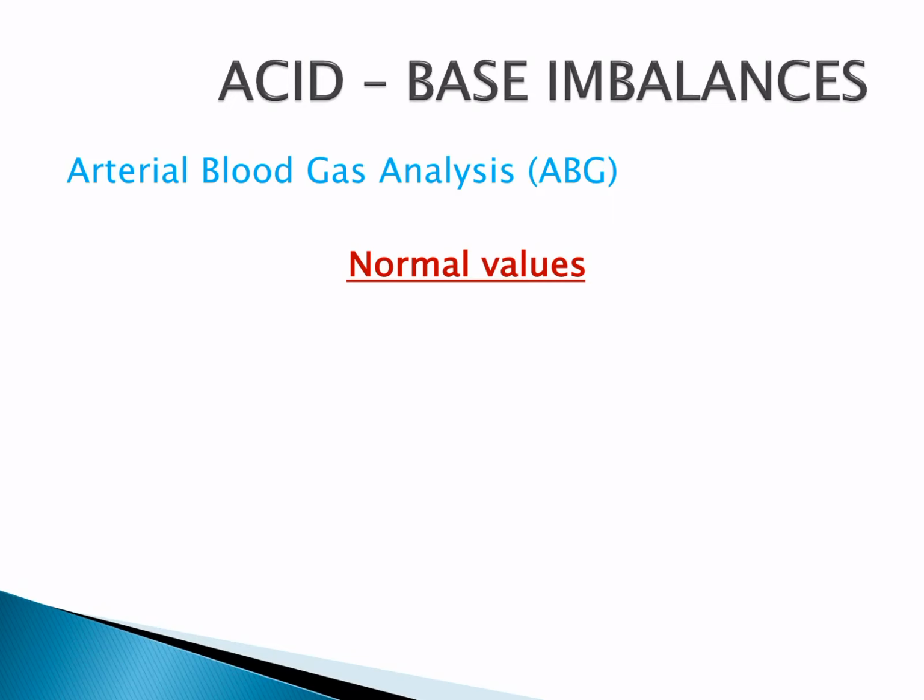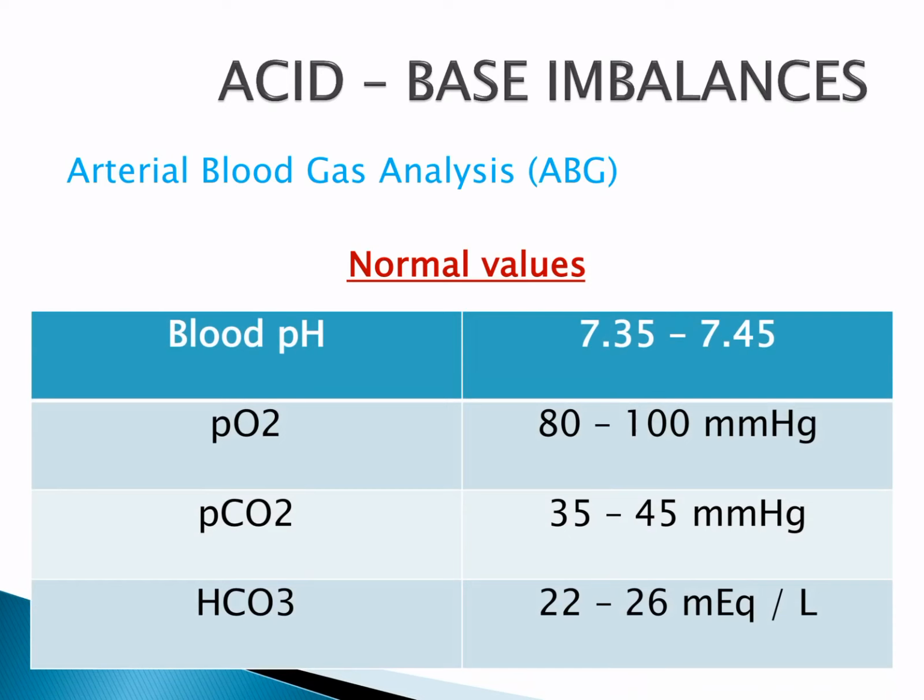Let's now proceed with your acid-base imbalances. So we have here the arterial blood gas, or your ABG. So we have normal values that you need to memorize. Okay, so blood pH, we have 7.35 to 7.45. Above and under that normal values is considered abnormal.